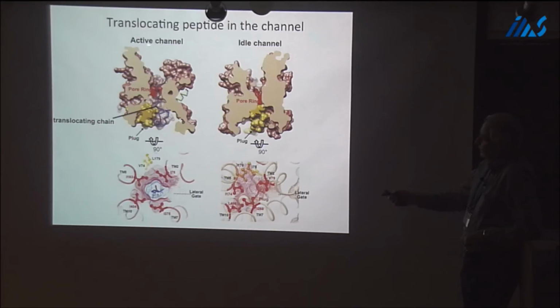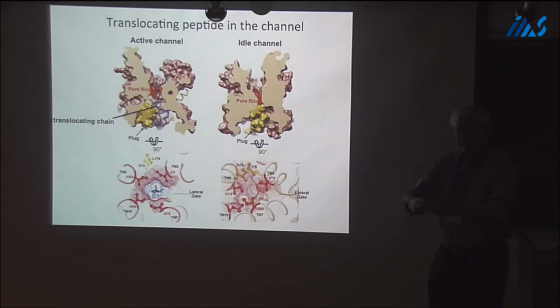In the open channel, in the active channel, the plug is moved out of the way towards the back. This is the yellow thing. And the translocating polypeptide chain now sits in the channel. You can see that out of the 6 pore ring residues that were here in the closed state of the channel, 2 are displaced. And the 4 remaining ones sit around the translocating polypeptide chain like a gasket.